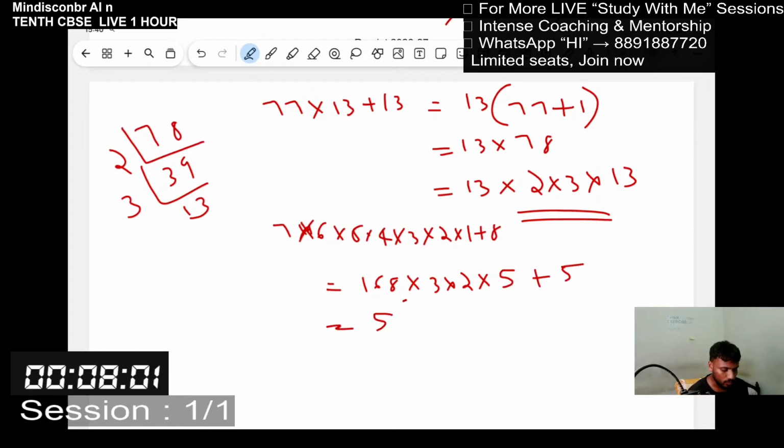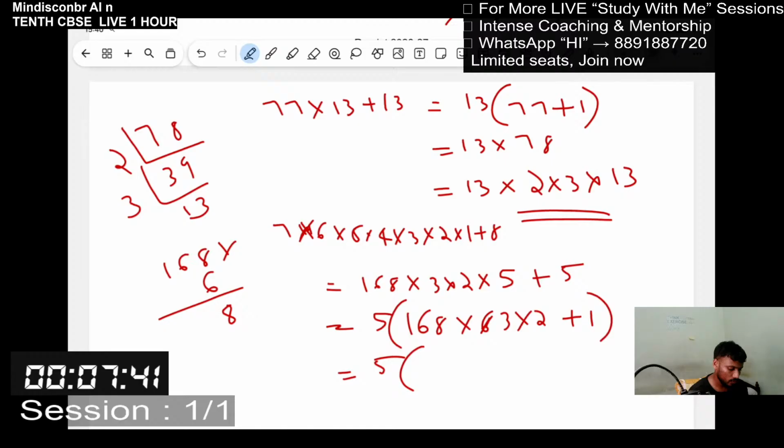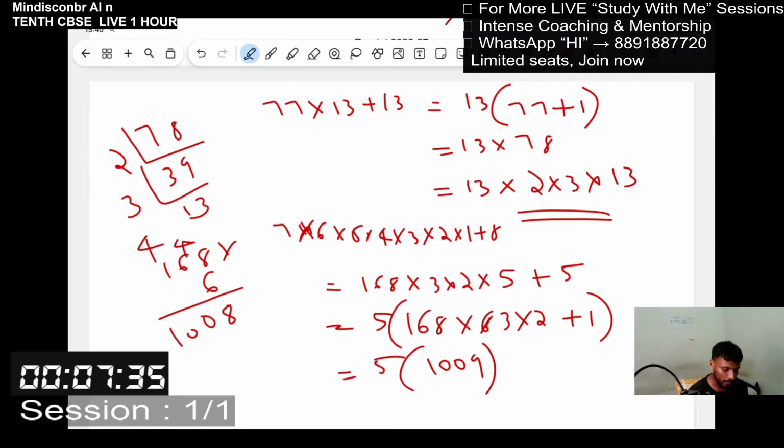Taking 5 as common, 5 into 168 into 6 plus 1, that is 5 into 1009.